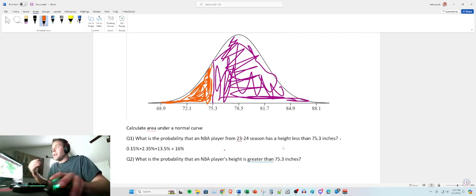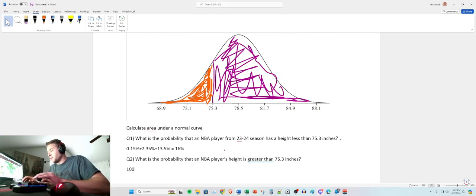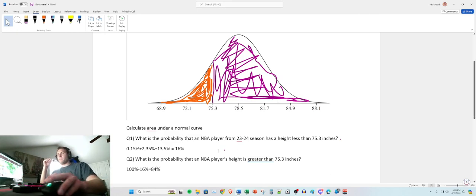So the answer to question 1 is the complement of question number 2. So what I could do here is I could just take 100%, subtract 16%, which would end up giving me 84% as an answer.